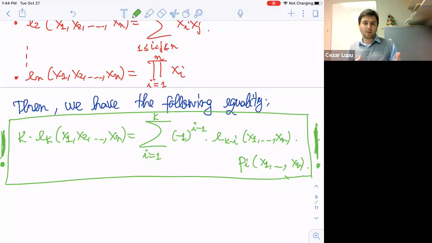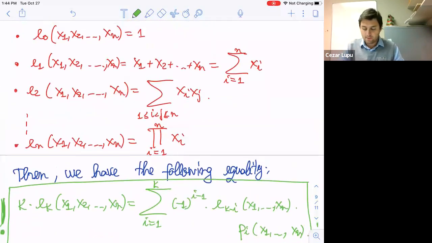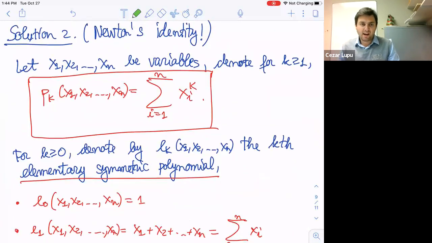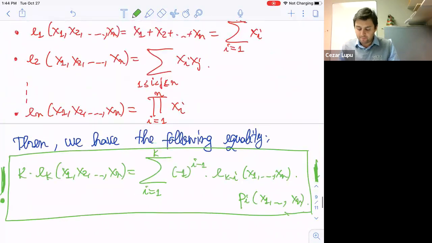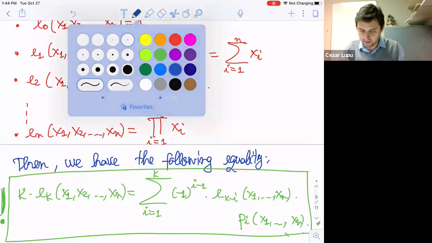And as you can see, I can express the kth elementary symmetric sum in terms of the p_i's, right? So that's the identity you need to know. All right, now let's get back to our problem. We want to use this, and you'll see how immediate this would be.